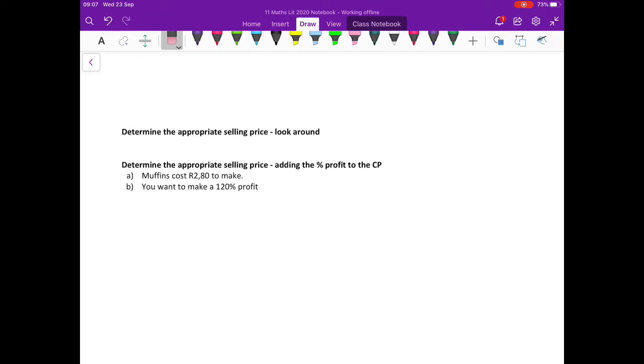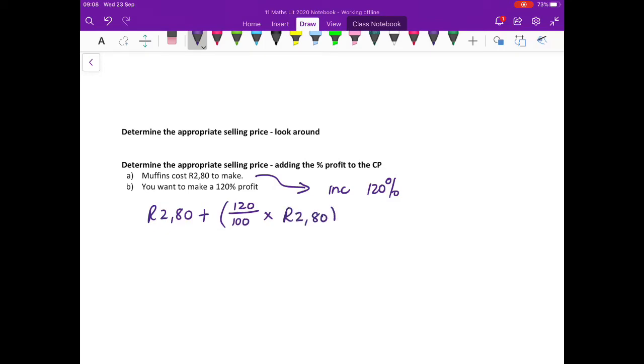So what you would do is take your cost price and increase it by 120%. So we're going to take our R2.80 per muffin and increase it by 120%, 120 over 100. Yes, you can get greater than 100%. 120% of my cost price, which was R2.80.